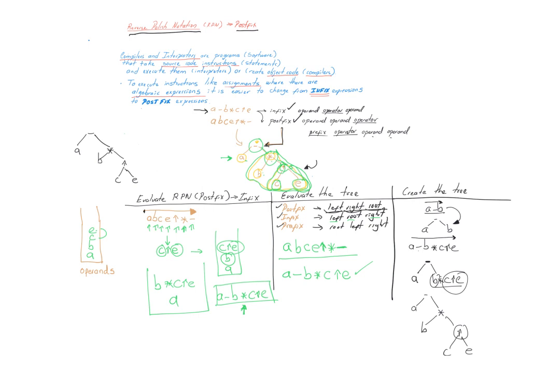As you saw, if we use a stack, we take expressions from left to right, and we can evaluate them to get the final result. And we also saw how to change from infix to postfix, how to create a tree from infix and from postfix, and how this tree can also help us get back to the postfix, infix, or prefix.